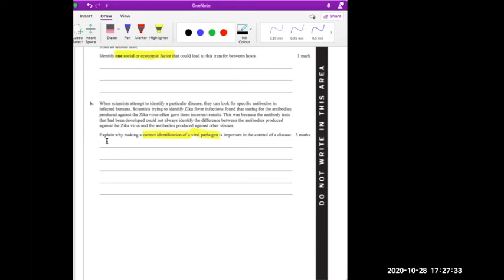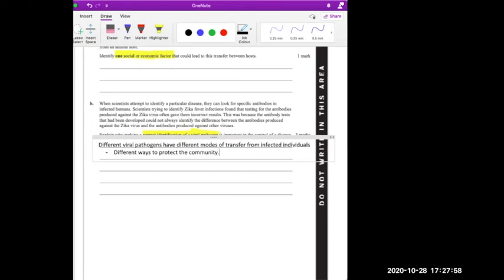So different pathogens, or you can add viral, because that's what the question asks for, have different modes of transfer from infected individuals. That means different ways to protect the community.